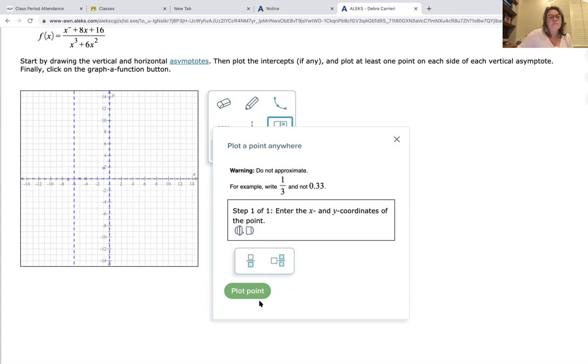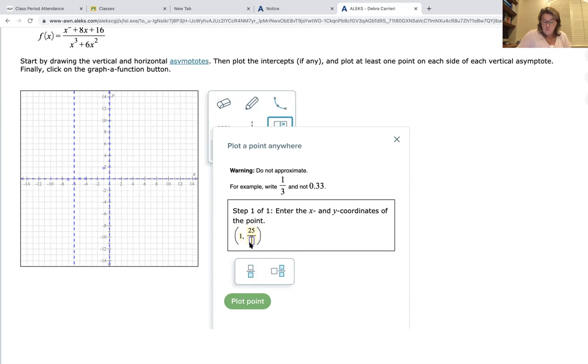Plot it. Okay, let's go to the right of x equals 0. Let's pick x equals 1. Doing the same thing, I got 5 times 5, that's +25, and in the numerator, I'm plugging in 1, I get 1 times 7.